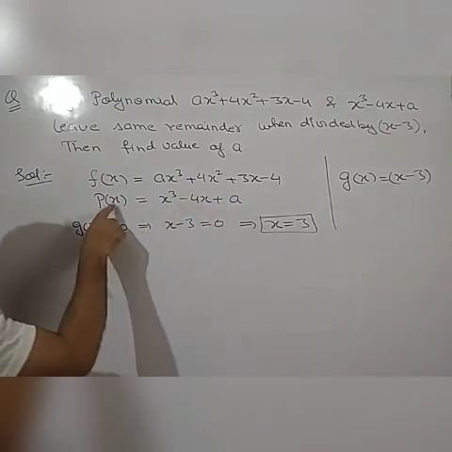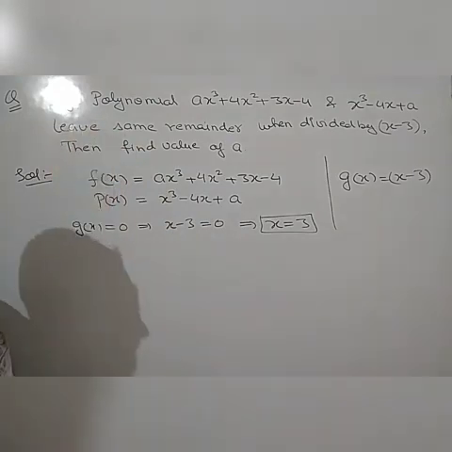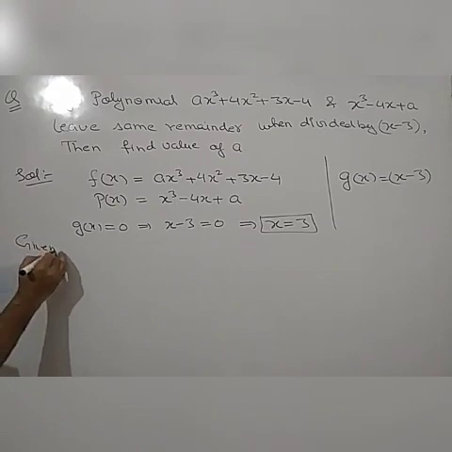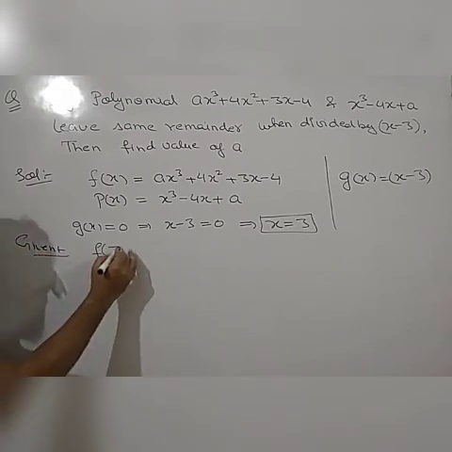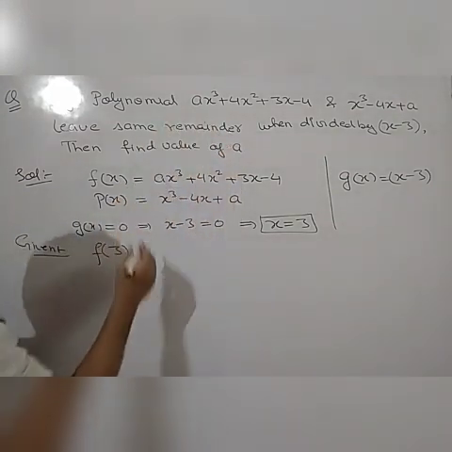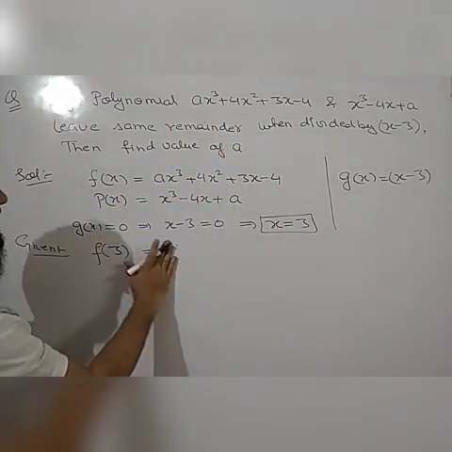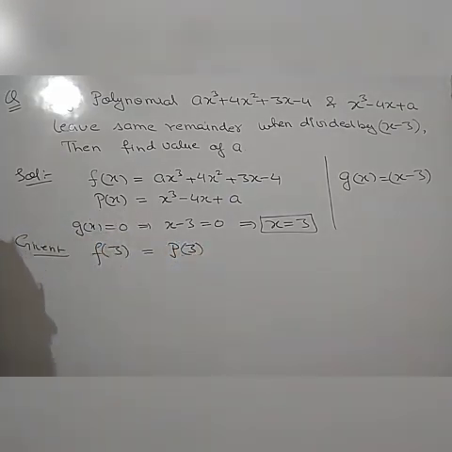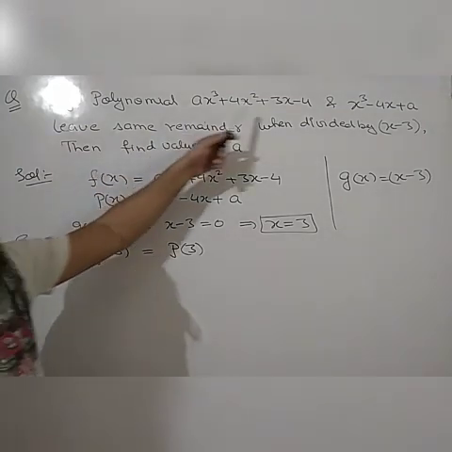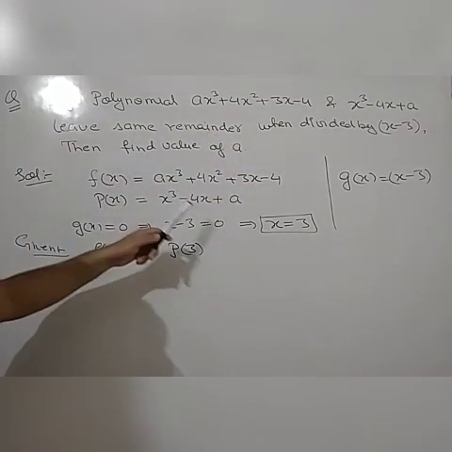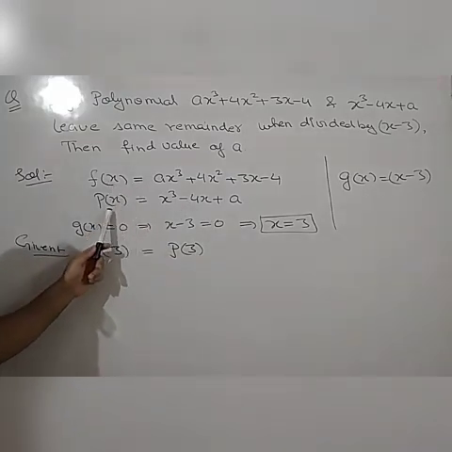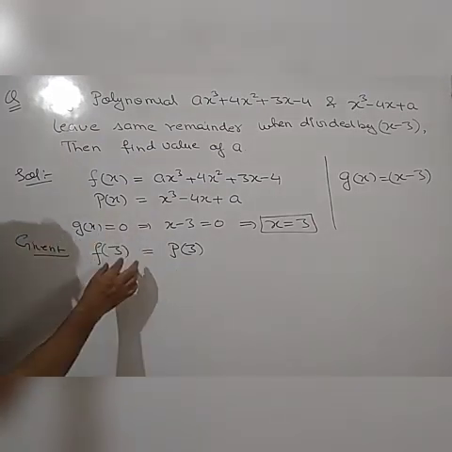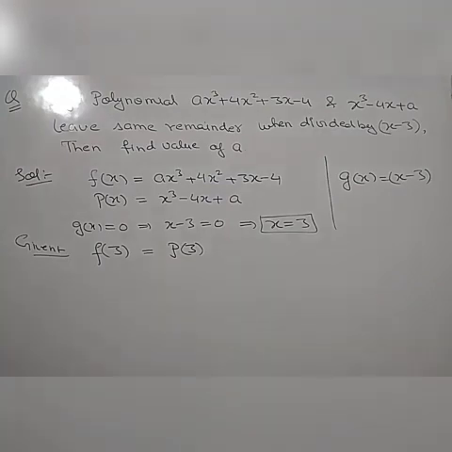Similarly, by putting x equal to 3 in the second polynomial, we will get its remainder. So the condition given is that f(3), the remainder of the first polynomial, is equal to the remainder of the second polynomial, which we have considered p, so it will be equal to p(3). Both the polynomials leave the same remainder. So the remainder of the first polynomial is f(3), the remainder of the second polynomial is p(3), and both are equal. So we are putting both the remainders equal.